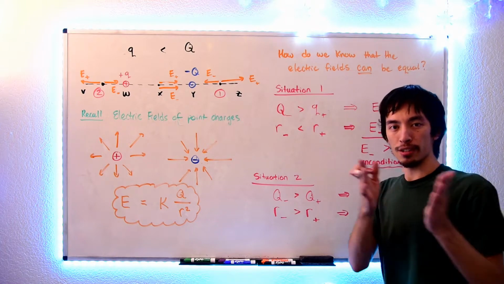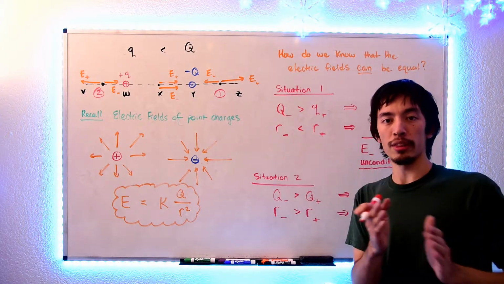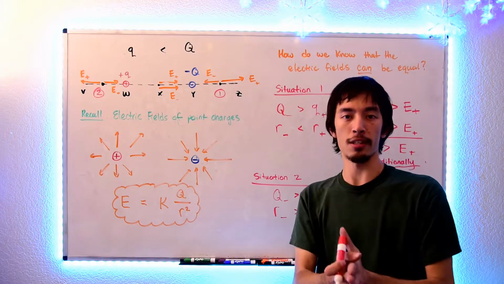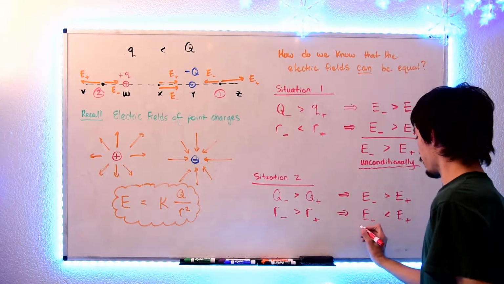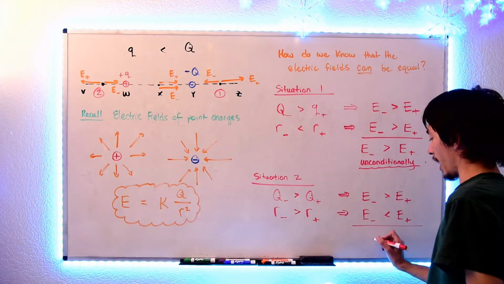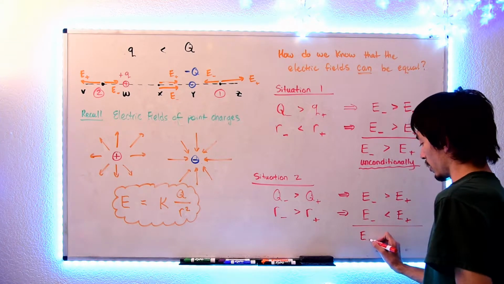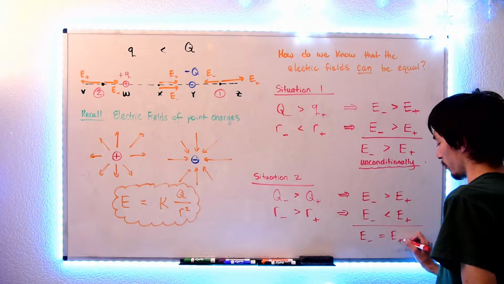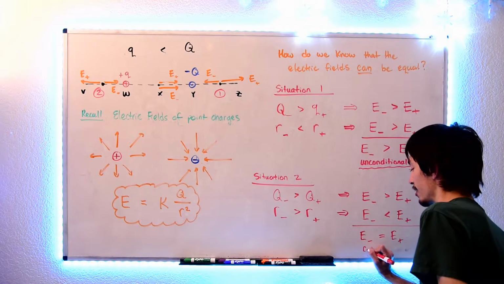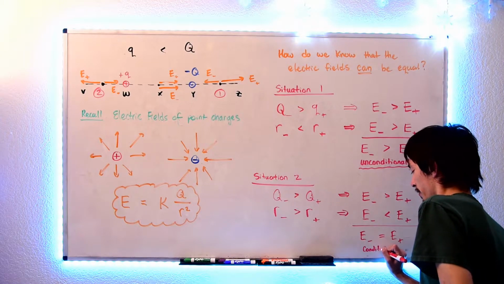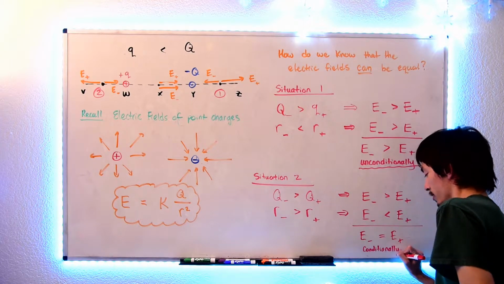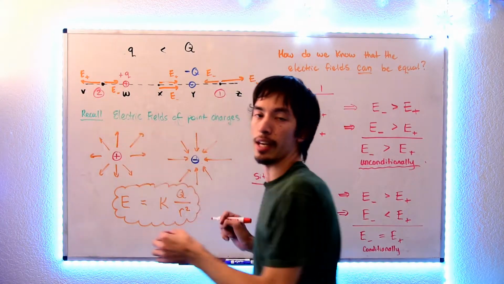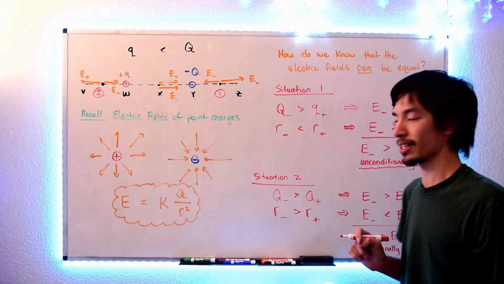So the effects try to fight each other, but there is going to be a balancing point where they do cross and cancel out. So the effect overall is that the electric field from the negative charge can be equal to the electric field of the positive charge conditionally. Under certain circumstances, in other words, if you pick the right point in this region, it will cancel out at some point. Okay?